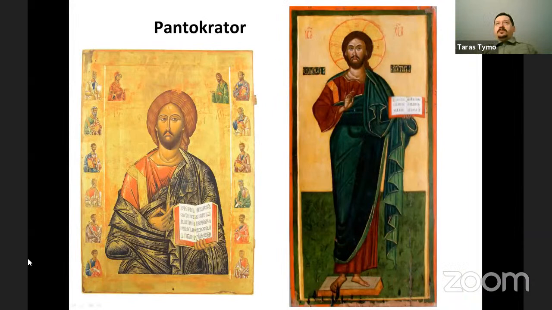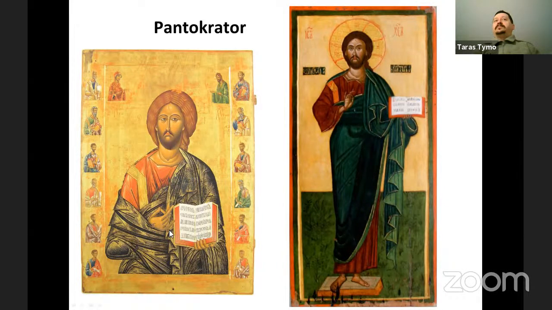The Pantocrator images, as I said, are usually half-figured, like this one, but can be full-figured, standing like this, or seated on a throne. In any case, these are just variations of the type, and the main element of this type is Jesus in his, say, middle age, or well, in his 30s, as a grown-up man, with beard, with long hair.